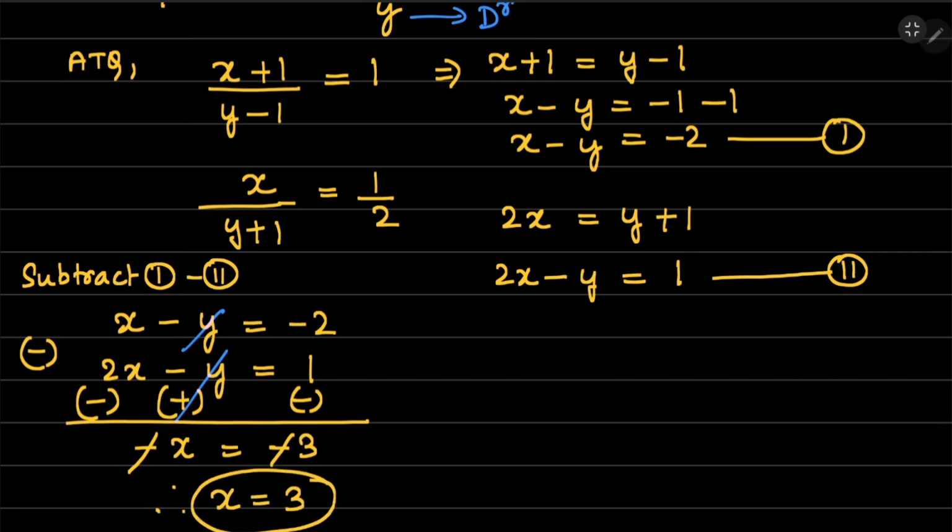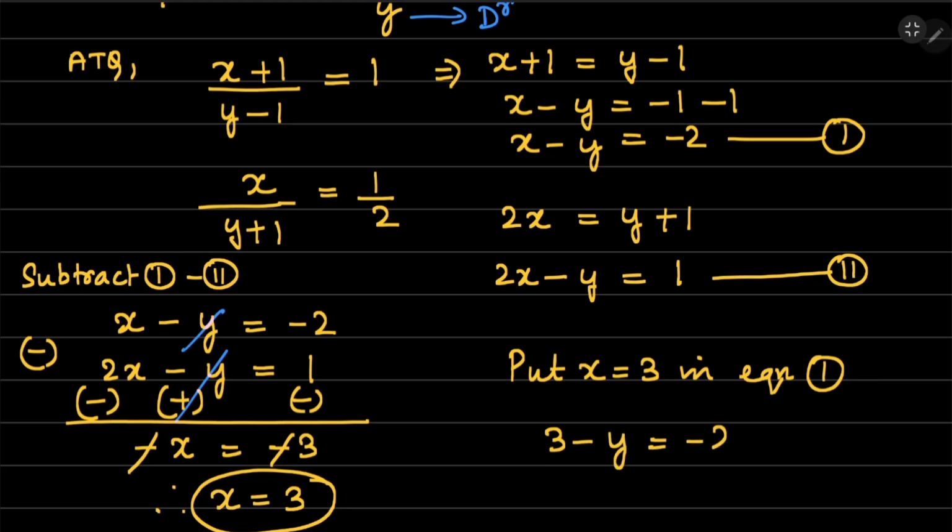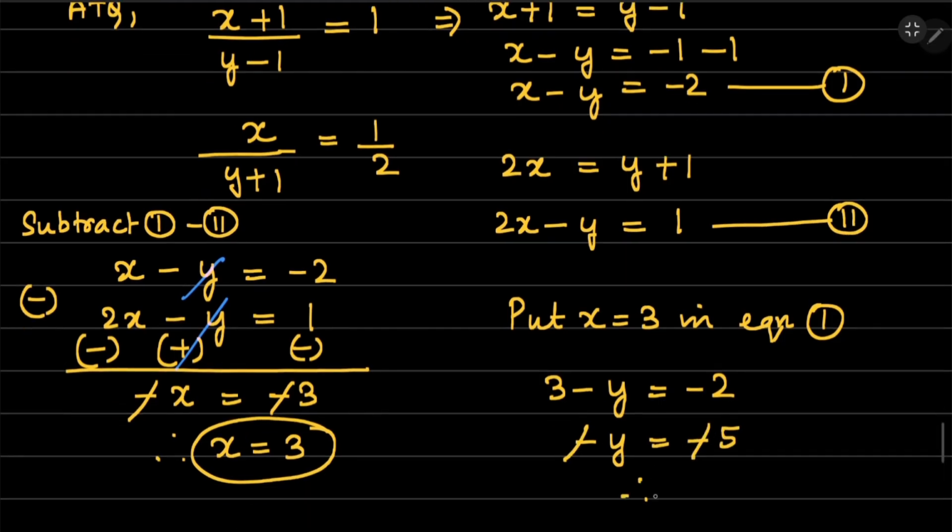You have got the value of x. Now you can put x in any one of the equations. You can put x equal to 3 in equation 1. So what is it? 3 minus y equal to minus 2. So minus y equal to minus 2 minus 3, which is minus 5. Negative gets cancelled, therefore your y is equal to 5.